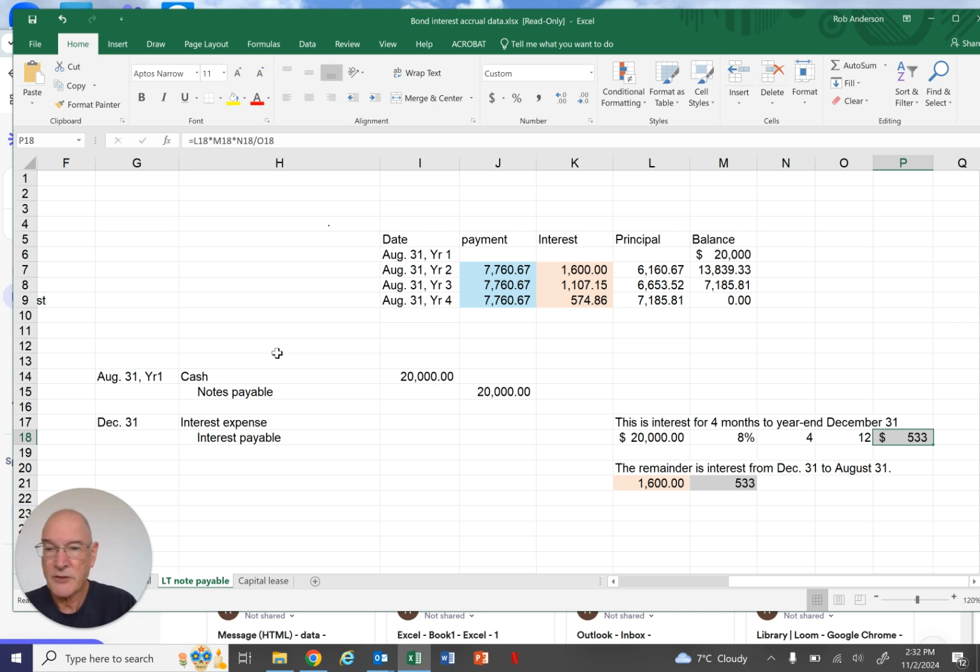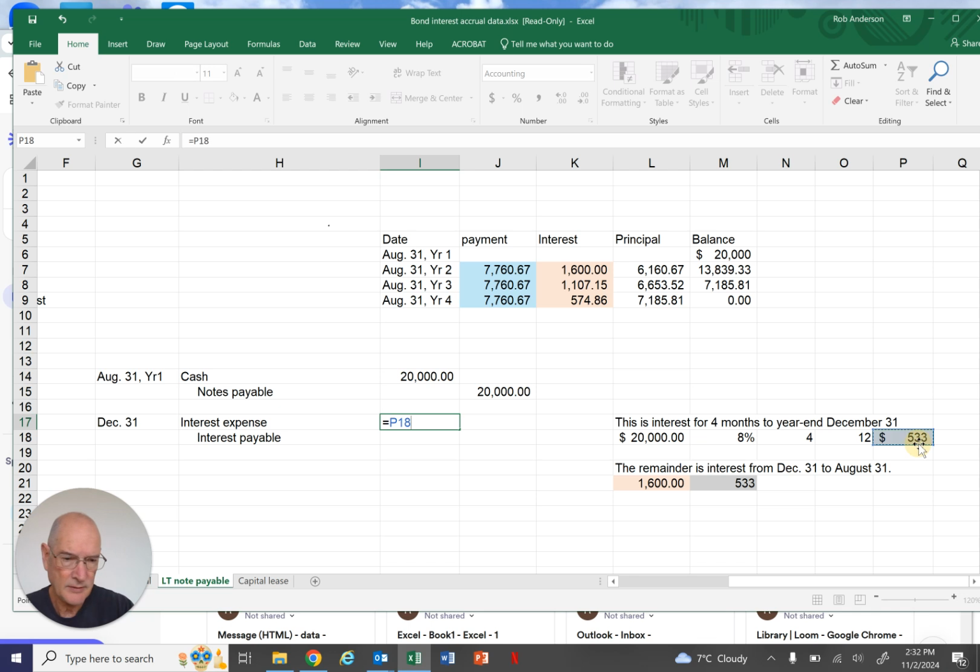So the interest expense that we just calculated is a payable, and when we do make a payment on August 31, we're going to pay off that payable as well. So my interest expense is here, and interest payable is the credit.